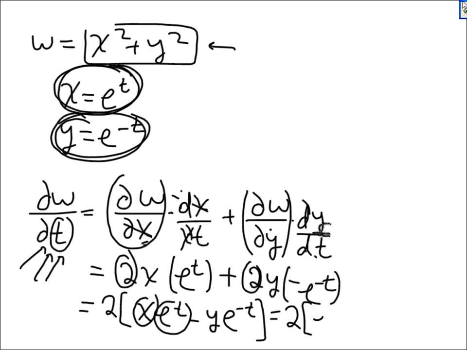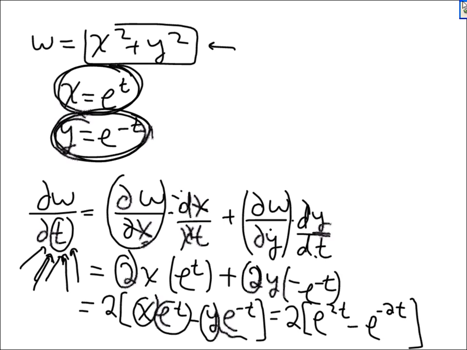Why, that's e to the 2t minus y, which is e to the negative t, times e to the negative t again, which will give you e to the negative 2t. And there's the answer. It really should be a function of t. Sometimes you just won't be able to get that, but you should try it.